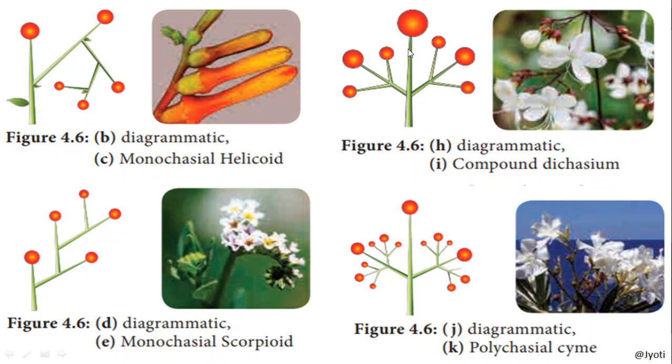This is the main axis. This is branched once, then twice. But here you can see the main axis branched once, then twice, then thrice, and it can be branched more than that also. That's why it is called polychasial or multiparous cyme.